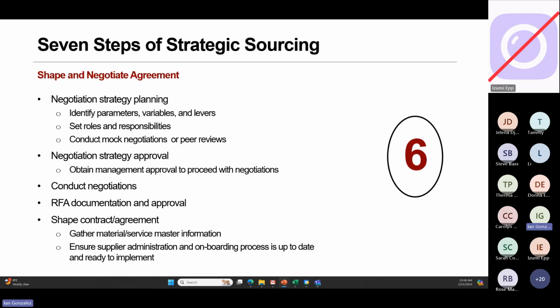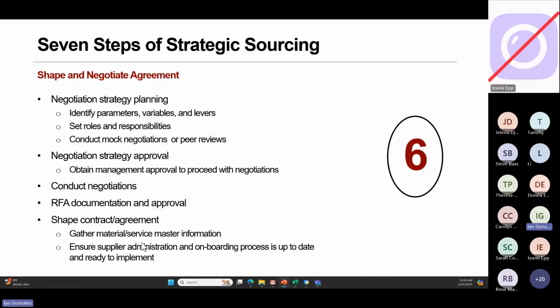Certain suppliers require more rigor, others a lot less, but you plan it here. Then you conduct negotiations, and eventually you will need to request approval for expenditure, or an RFA, because you'll eventually choose somebody to have an agreement with, so you get the appropriate approvals from management to spend an estimated amount of dollars with them.